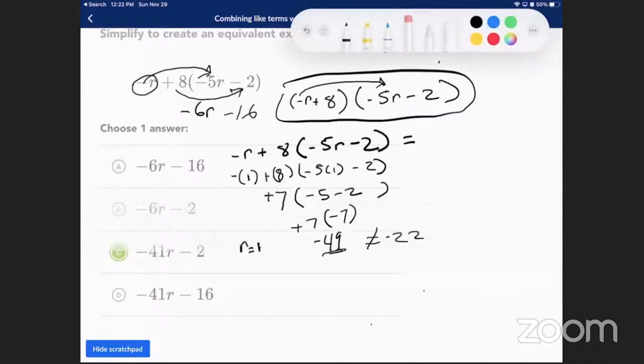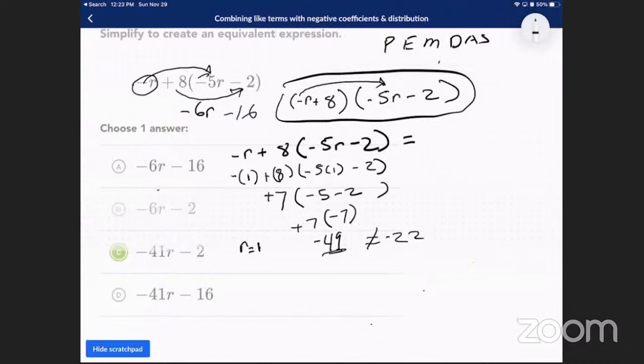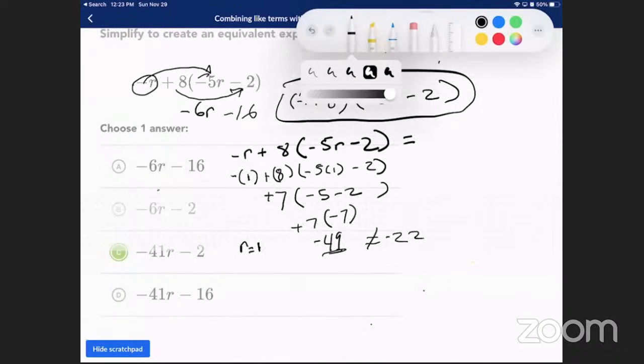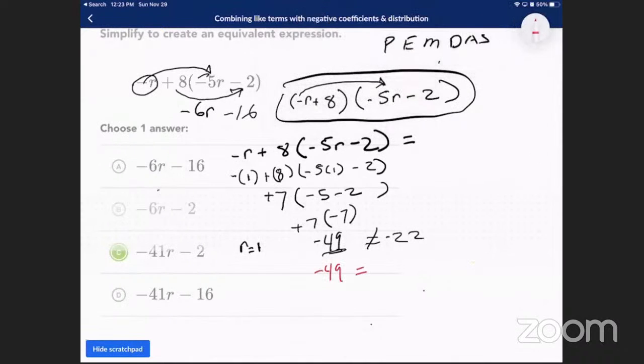So let's go ahead and look at the next one. If you plug in -1, you have -6r, which would be -6 minus 2. The same thing with -8. Then we have this one, -49r. We added -1, right? -41 times 1 would be -41, and then if you minus that by 2, you're adding that, it'd be -43.